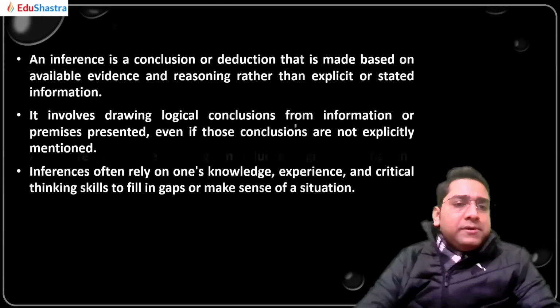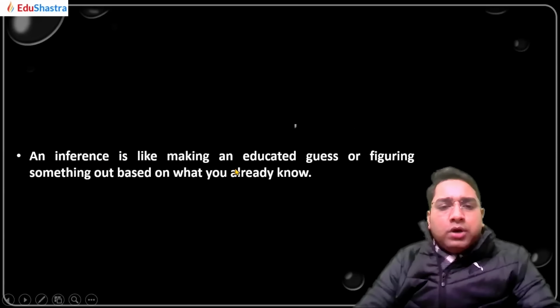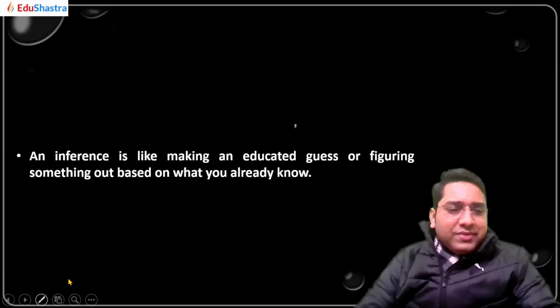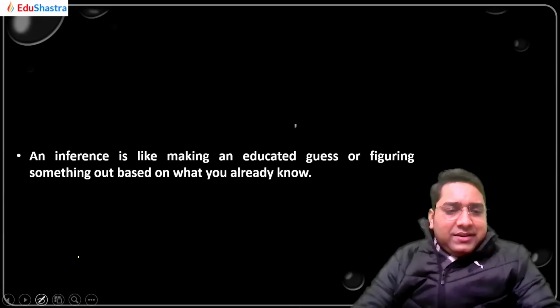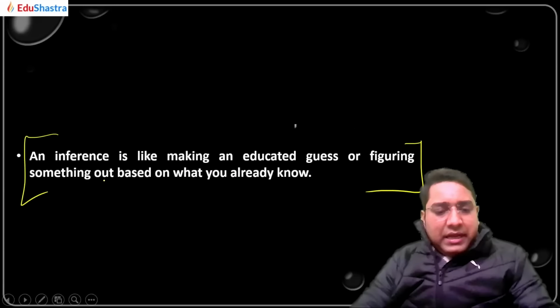It's very simple. An inference is like making an educated guess or figuring something out based on what you already know. Okay? Let me tell you. Please focus on my words.